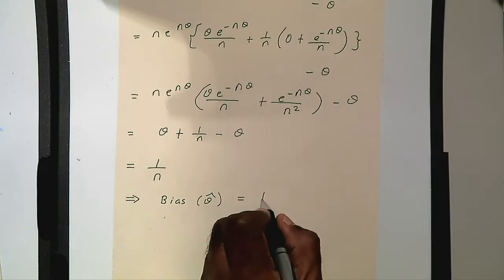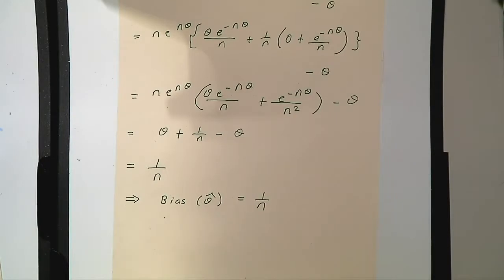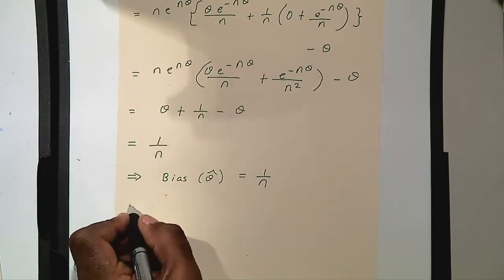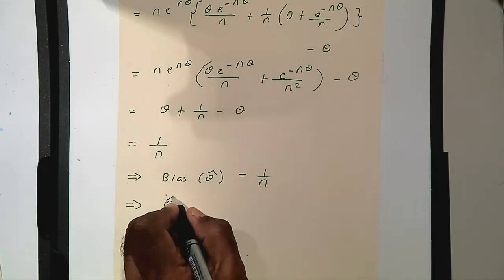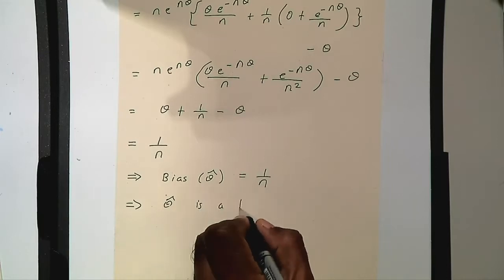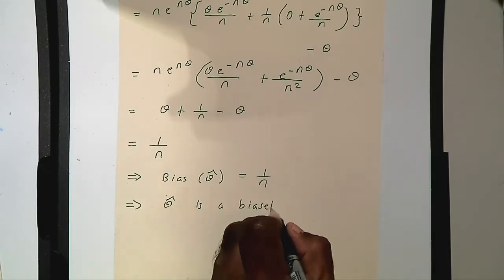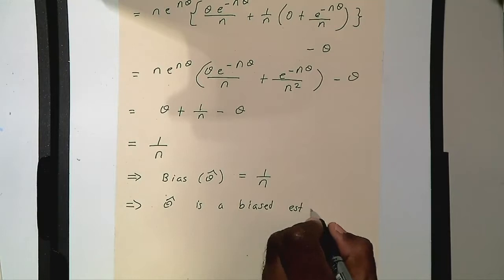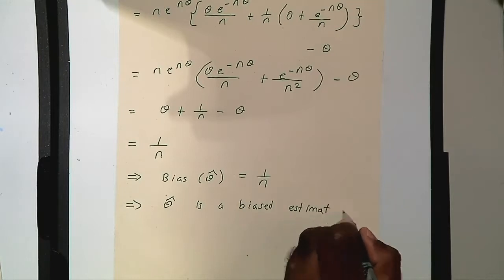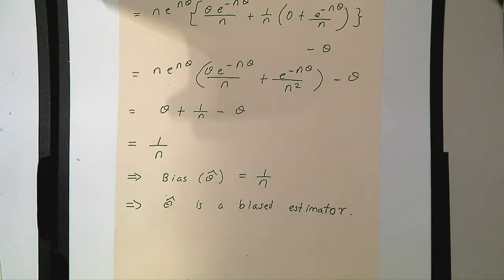All right, so what we have shown so far is that the bias of theta hat is equal to 1 over n, right? So hence this implies that theta hat is a biased estimator of theta.